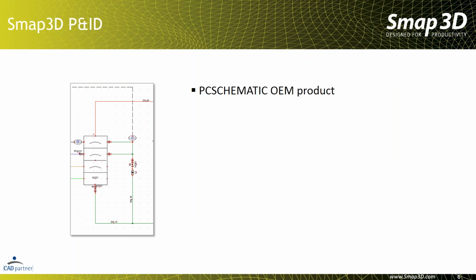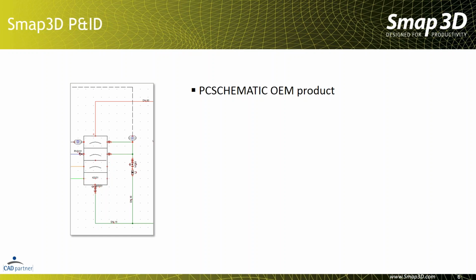The Smap3D P&ID part, as I said before, is based on PC Schematic. So you will see it's the same look and feel. For example, if you create data, like the parts lists, it's just the same as you know it from PC Schematic.